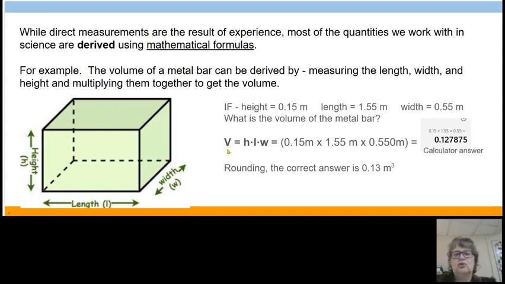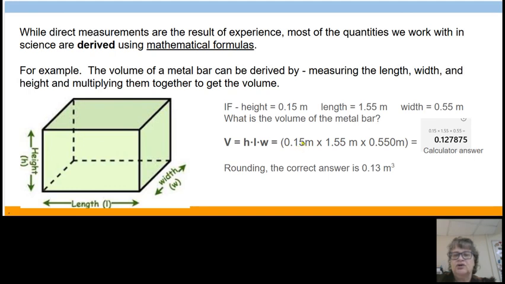So the volume is equal to the height times the length times the width. So all I'm going to do is take these 3 numbers and multiply them together. In my calculator, it's going to give me this answer, 0.127875. That's a lot of numbers, right? But remember, we take the smallest number of numbers. So I have this one. Remember, we don't count the zeros in the front.